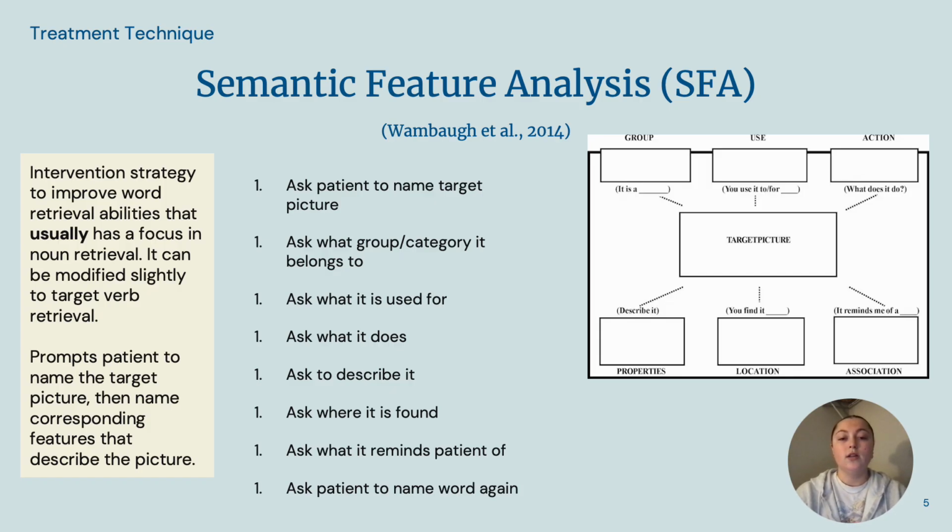Then you'll ask what it is used for, what it does, then you'll ask them to name the properties or describe it, then where it is found, then what it reminds them of, and then you will ask the patient to name the word again to solidify it in their brain.